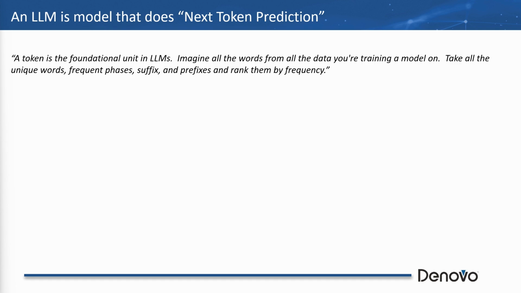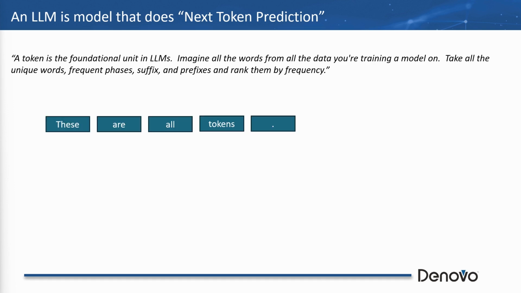It's looking at the previous words that you've typed in, or in the context of a large language model, a token, and it's predicting what that next token is going to be. A token, in most cases, is going to be a word, but sometimes it can be a group of words, or it can be suffixes, prefixes, or punctuation. So a couple examples.